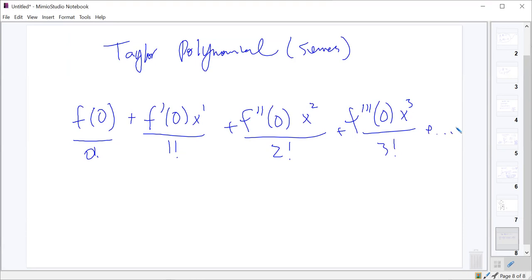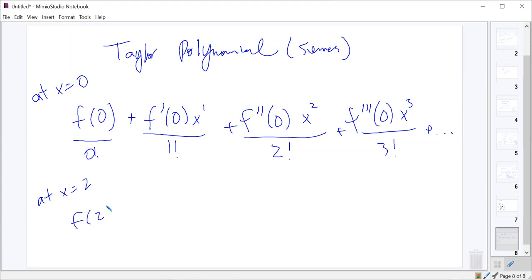So as long as we know the function and we know how to take its derivatives, we can evaluate them at whatever value we want, and we should be able to write out a series that should represent our function. We can do it centered on any value. If I didn't want to center it at x equals 0, suppose I wanted to center it at x equals 2.